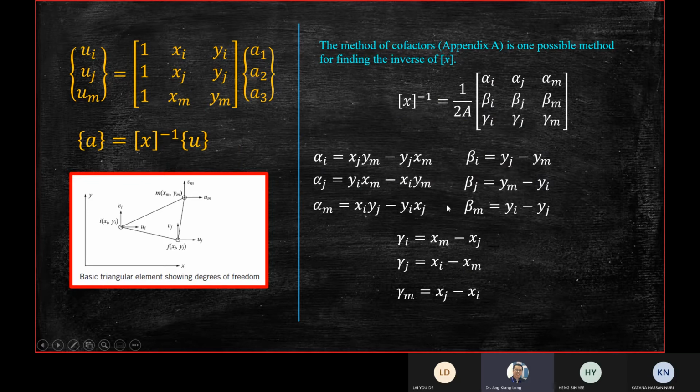So this equation and these 9 equations are important. Later, you'll see in our example, we'll use alpha i, alpha j, alpha m, and then we substitute all the values here. So for example, how do you calculate alpha i? You take xj. What is xj? It is the location of this point, times ym. What is ym?